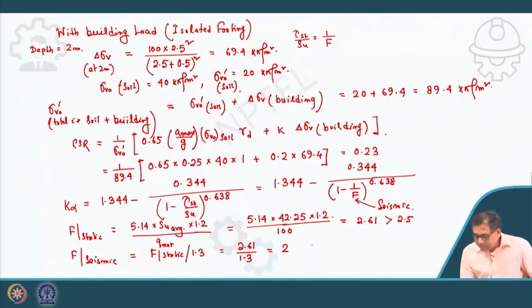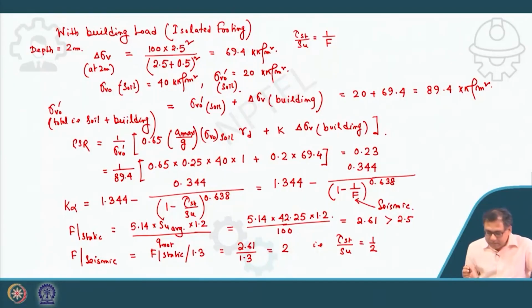Now that means your tau ST by SU is equal to half, because 1 by F is equal to half. Now this will be up to 4 meter. Okay, after that it will change. This factor of safety value will change beyond 4 meter, because beyond 4 meter there will be still the influence of the footing load. Clear?